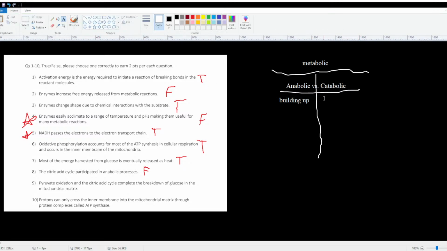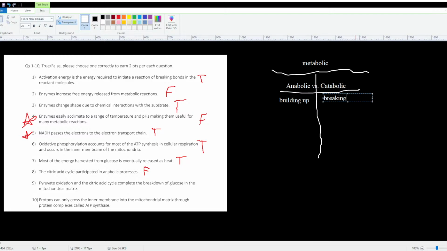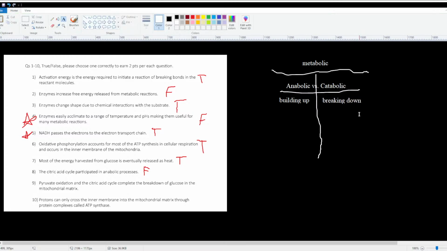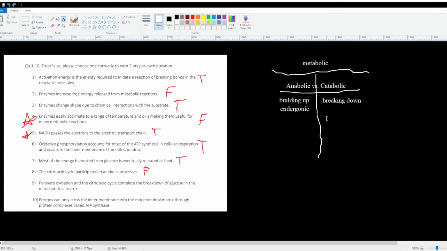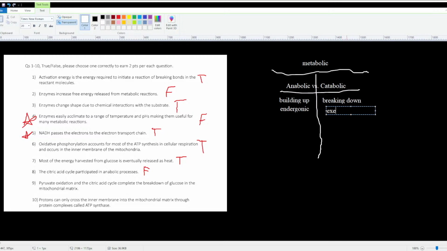We are making molecules. In catabolic, we are breaking down. That's the main difference. And then, once you start getting into it, anabolic are usually endergonic. Catabolic are usually exergonic.